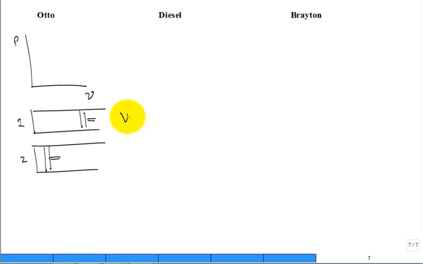You could think about the volume at 1 or the specific volume at 1, for the trapped amount of gas that isn't changing in the closed system trapped in that piston-cylinder, right? For the Otto cycle, you have to remember, it's a closed system analysis that we apply. It's in a piston-cylinder as the gas gets compressed and expands and is heated. So from 1 to 2, it goes to volume 2, which is equal to 1 over the compression ratio, R, times the volume 1. Or by definition, the compression ratio is the volume 1 divided by volume 2, either total volume or per unit mass, either way.